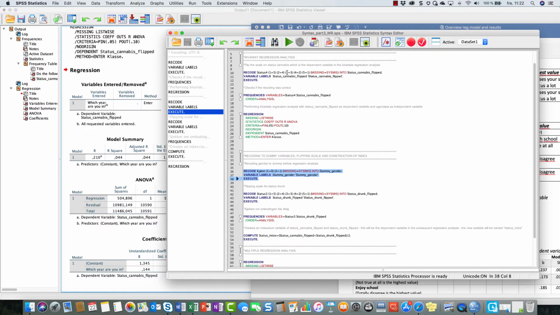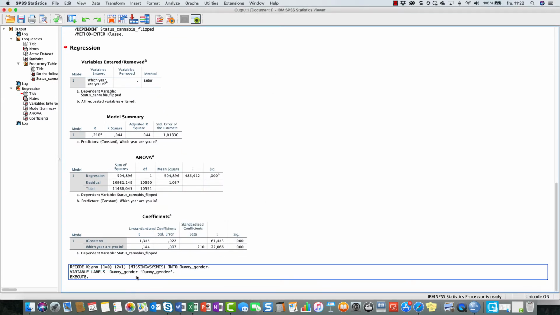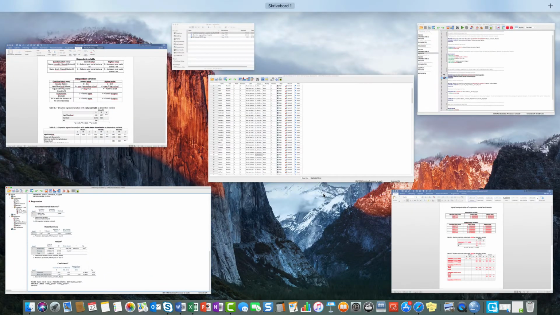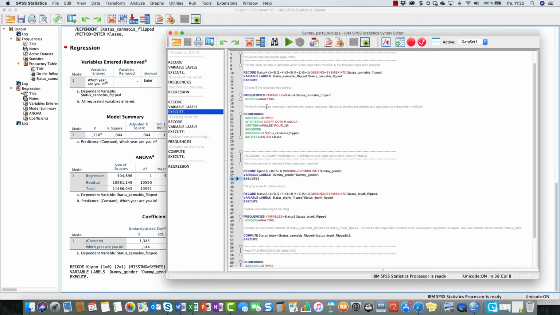I'm just going to recode this, and it says it went okay. And if I wanted to check if the recoding went well, I could also run a frequency between the original variable and my dummy gender, but I'm not going to do that.